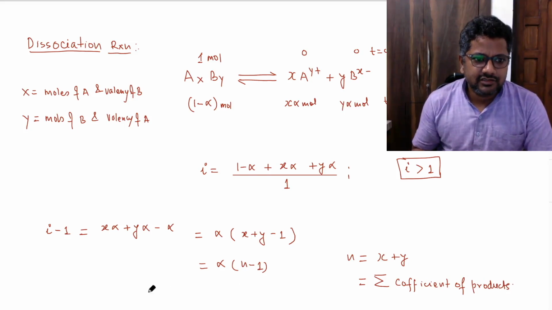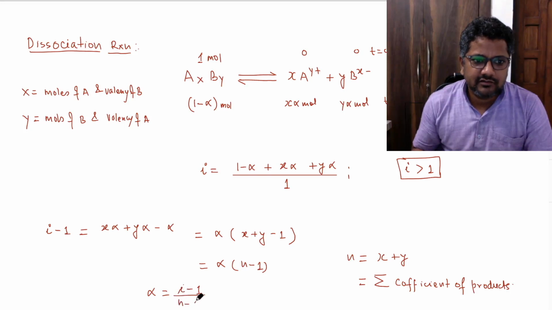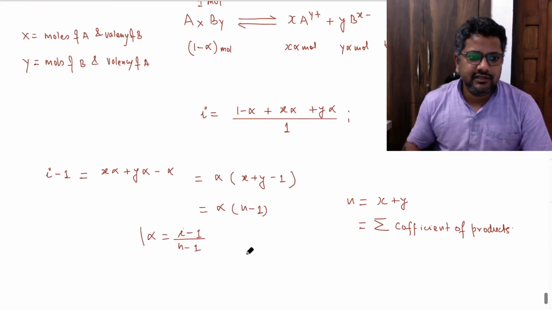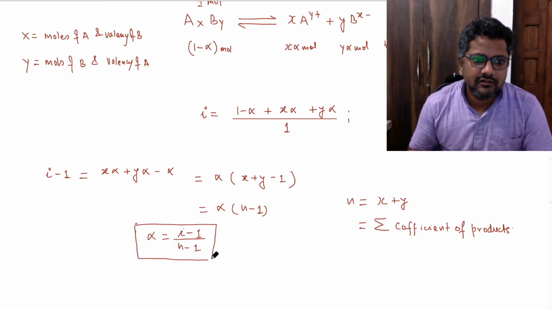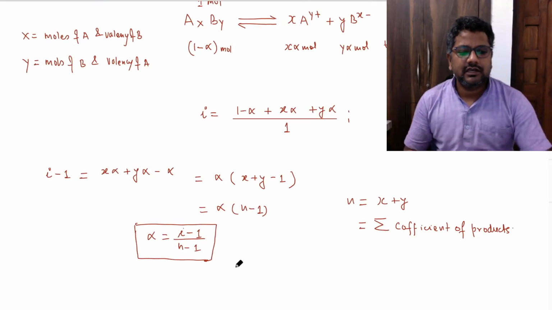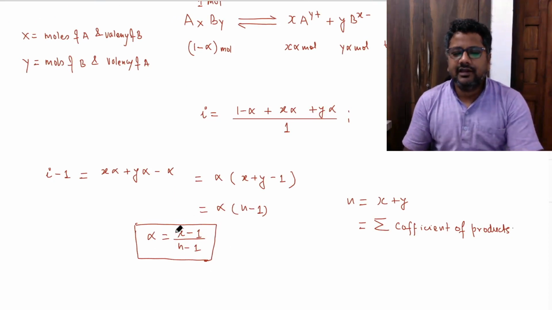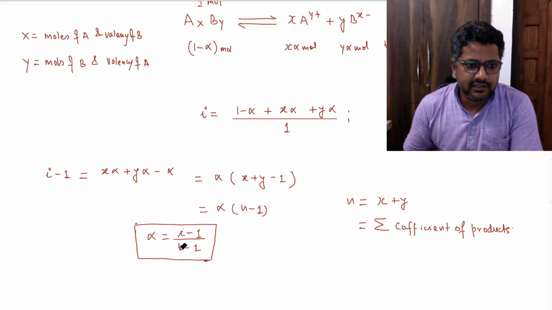So you can write alpha is equal to (i minus 1) by (n minus 1), right? In this way you can calculate. If alpha is given, then you can calculate i, and if alpha and n are given, then you can calculate i, and so on.